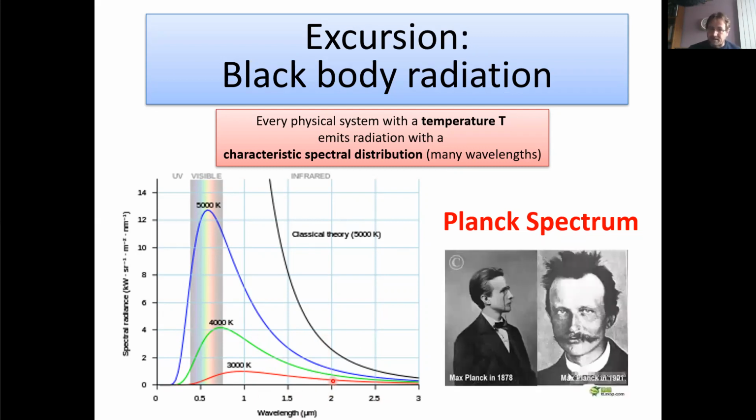This is the Planck spectrum, although these spectra were known well before Planck explained the shape with his new theory of quantum mechanics. Back then, the problem of classical theory was that the curve basically goes to infinity, we don't have this bending down, and it's called the ultraviolet catastrophe.